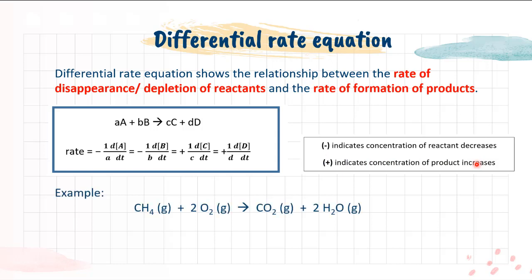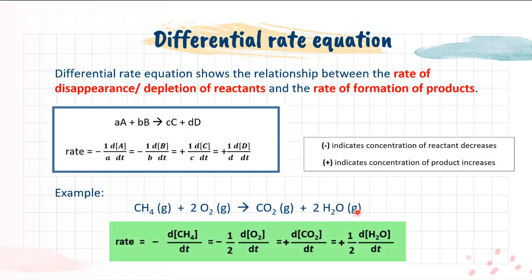So let's try an example over here. So you can see in this balanced equation, we have CH4 plus 2O2 to produce CO2 and 2H2O. So in this case, all the phases are gas and we can use concentration. So starting with the word rate, and then the reactant CH4, coefficient 1.